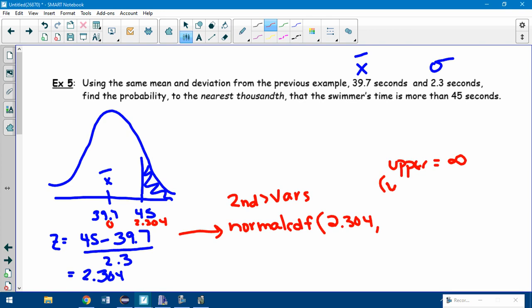So what I do is I use a number really close to infinity: 1 times 10 to the 99th power. That's a huge number. That's 1 with 99 zeros. So that can technically kind of mean positive infinity. And then you always put the mean, which is always 0 if I'm using z-scores, with a standard deviation of 1.